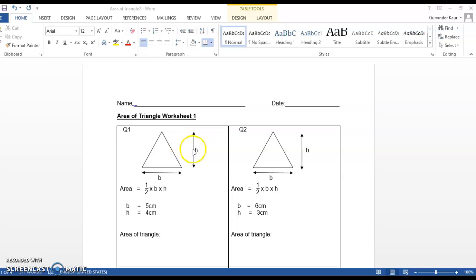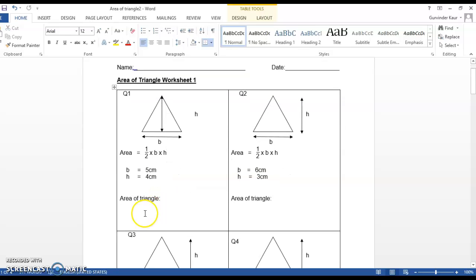Okay, so this is the height. Let me move this in here. This is the height. Okay, so how do I do this then? Let me apply the formula half base times height.